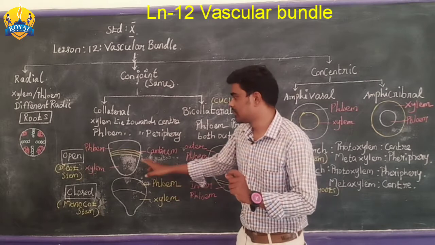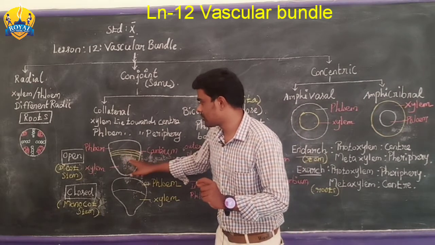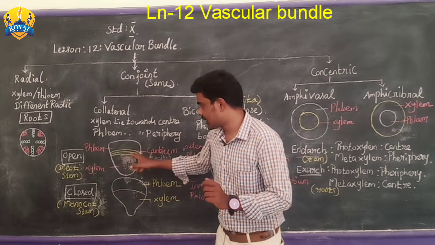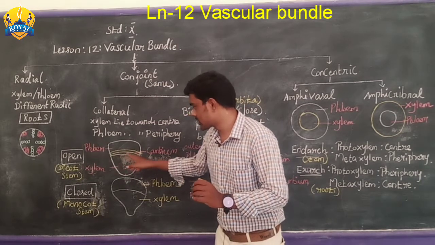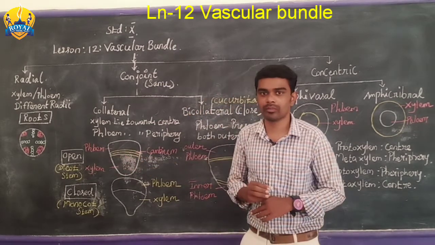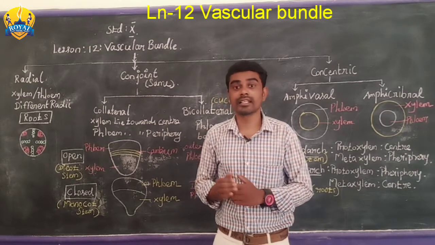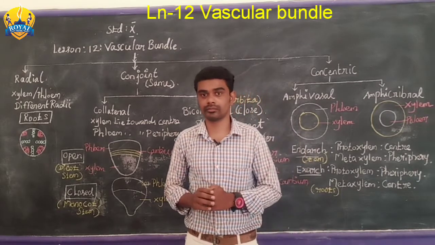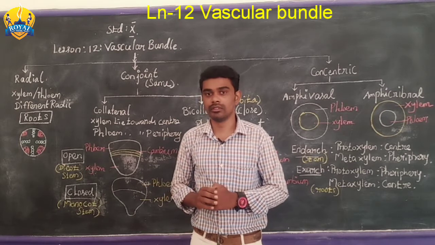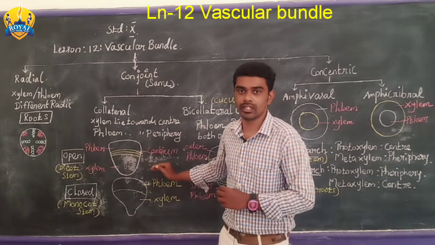Phloem and xylem are combined together. There is the dividing layer, which is known as the cambium layer. That is the cambium layer, which helps the secondary growth of the stem.